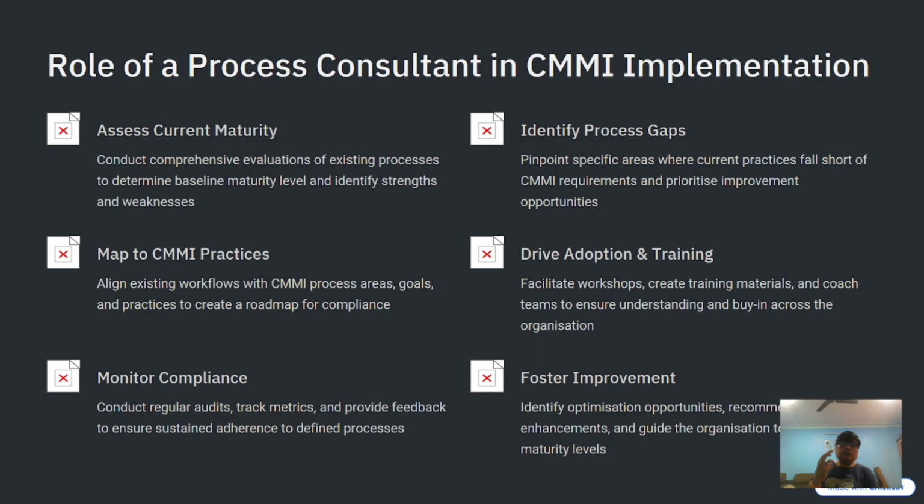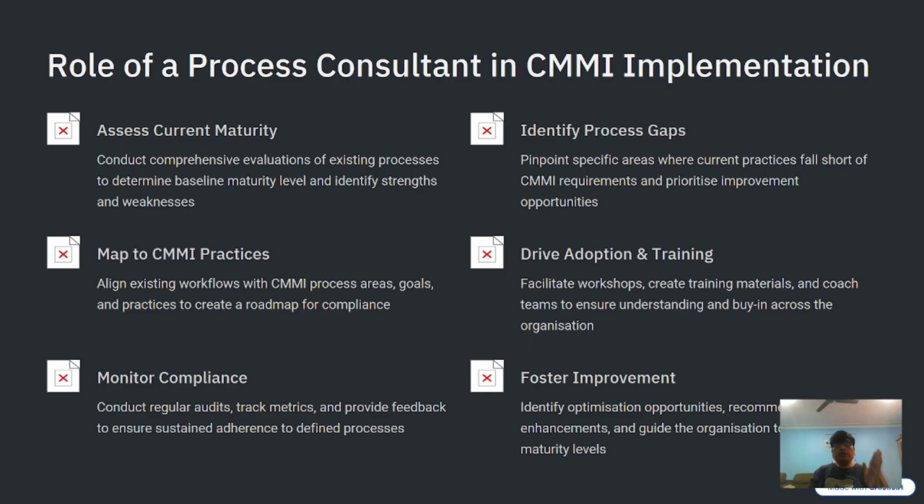If you want consistency, we have to continuously monitor the compliance on the project. How can the process consultant do that? Conduct internal audits on the project. Regular internal audits, depending on the organizational frequency. If it is monthly, conduct the audits monthly. If it is quarterly, conduct the audits quarterly.